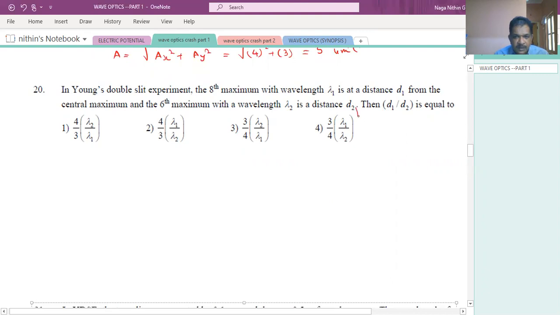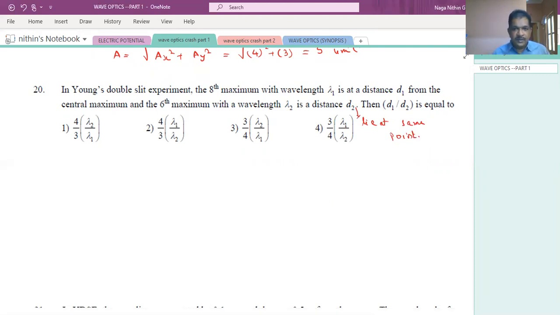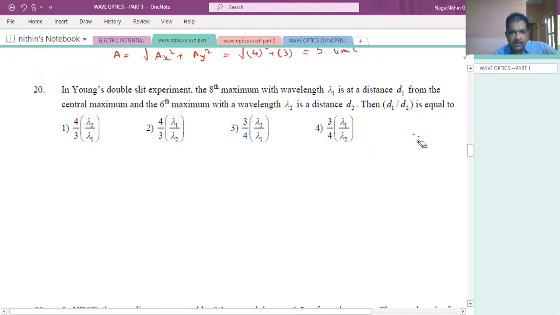Here a word is missing in the question. Then d1 by d2 is equal to how much, they are asking.